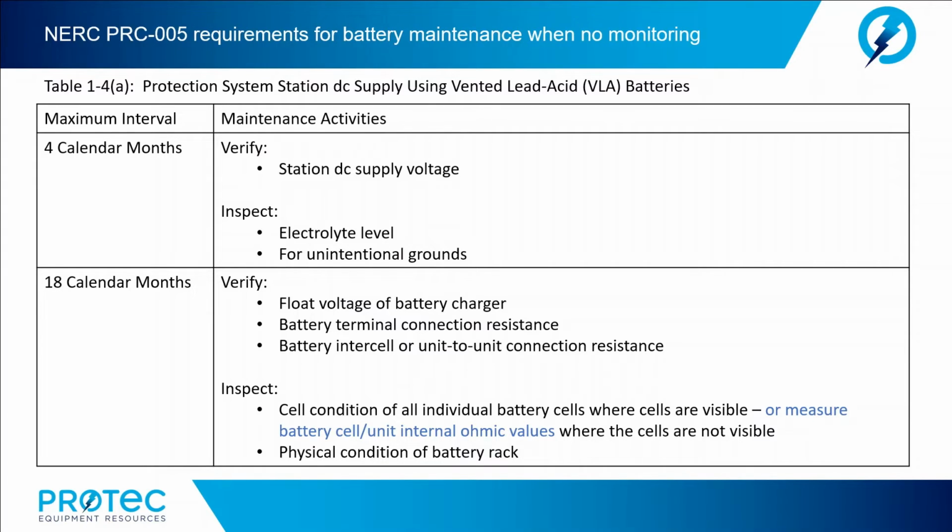So here we see ohmic measurements showing up in the NERC PRC 005 under maintenance activities. Also, under that 18 calendar months, we are to inspect physical condition of the battery rack itself.